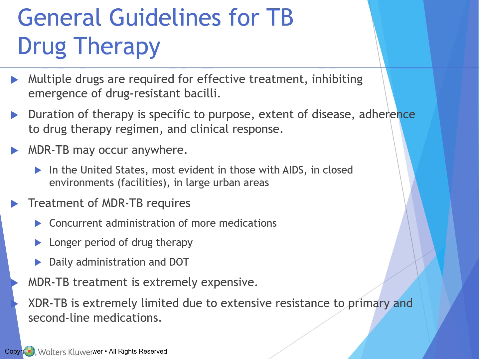Now, multiple drug-resistant tuberculosis can happen anywhere. In the United States, it is most evident in those with AIDS and also people in closed environments, such as facilities. We have already talked about prisons or maybe nursing homes and in large urban areas. Now, the treatment for multi-drug resistant tuberculosis is going to require the use of more than one medication, right?